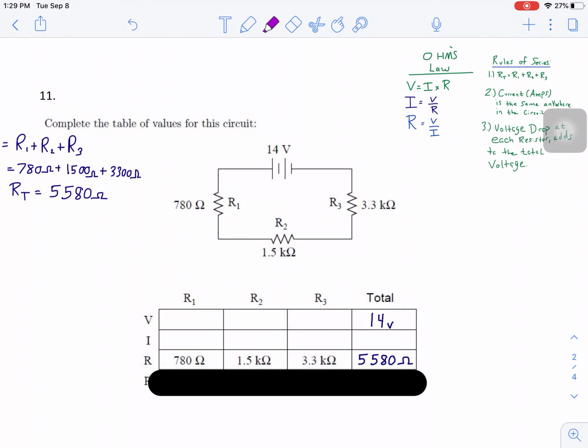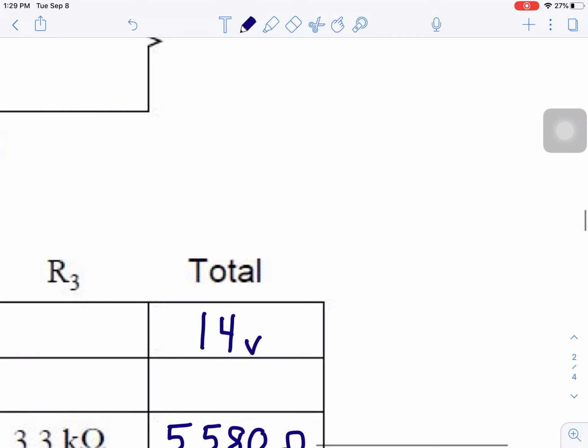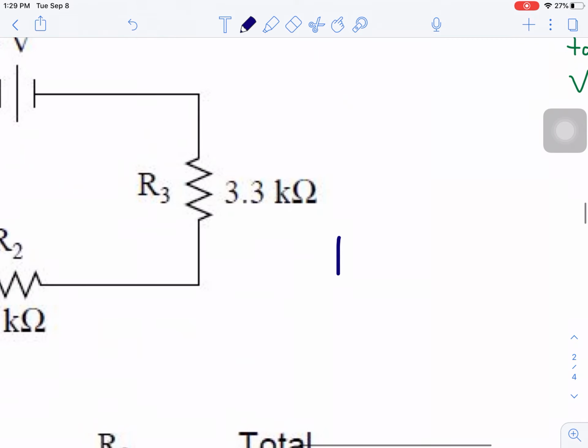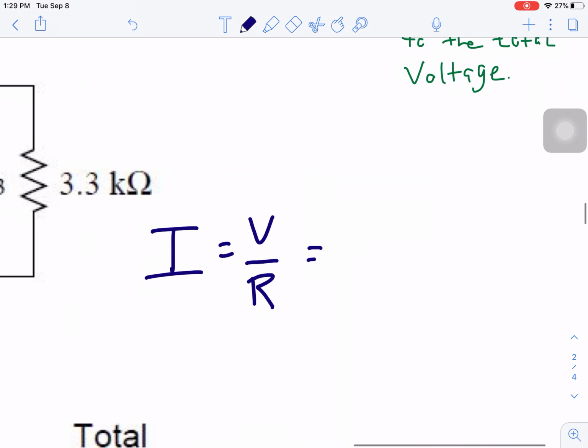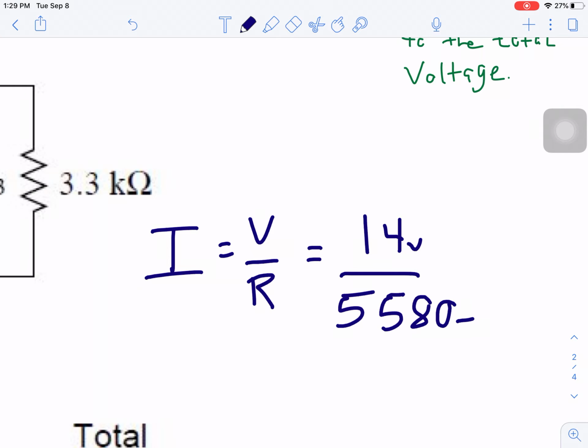If I look to Ohm's law, I'll see that the current, I, equals V over R. So I'll write, I equals V divided by R, where I have 14 volts divided by 5580 ohms.